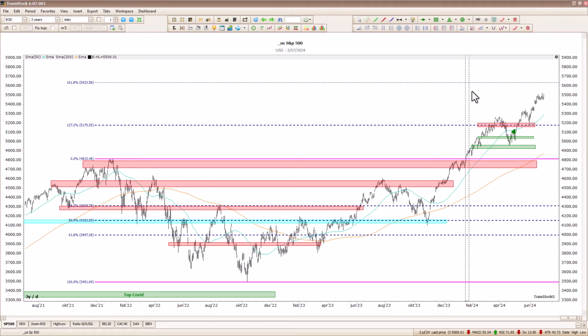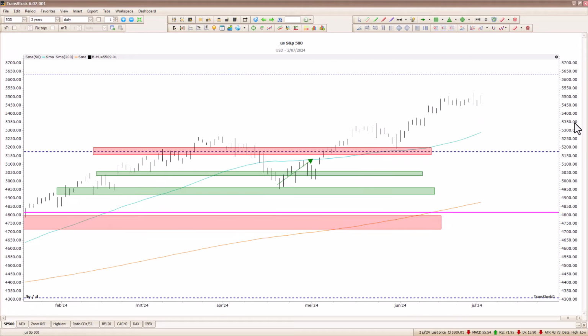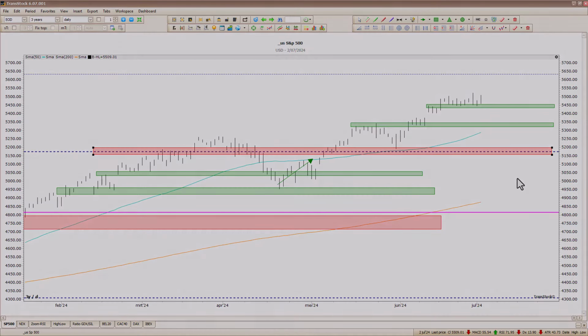The first intraday support is around 54.50, with the next support around 53.50. The 5180 level is the main support for the midterm period.